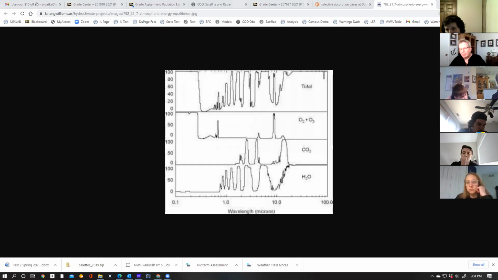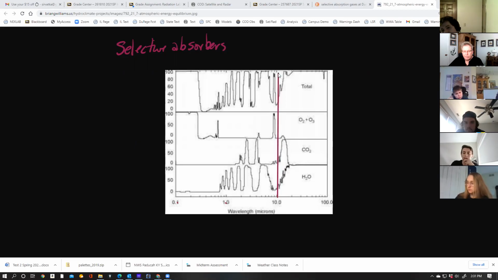By the way, notice something about this graph. It's something which we call selective absorbers. The first thing I want to show you is that the bottom axis is logarithmic, right? 0.1, 1, 10, 100. It's not a linear scale, it's logarithmic. Here is the Earth's lambda max, 10 micrometers.